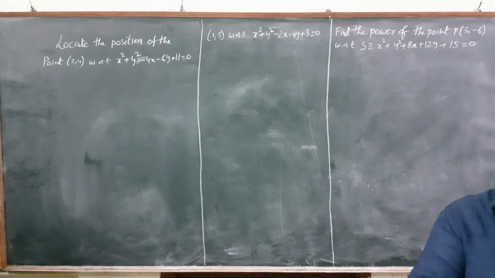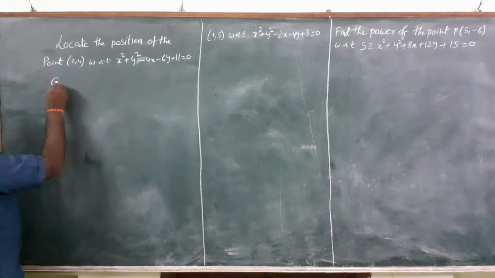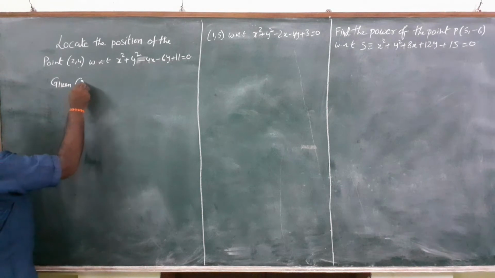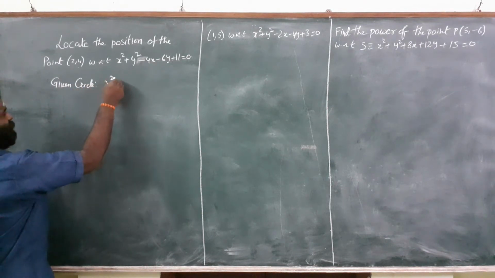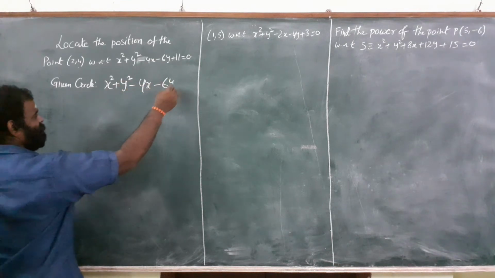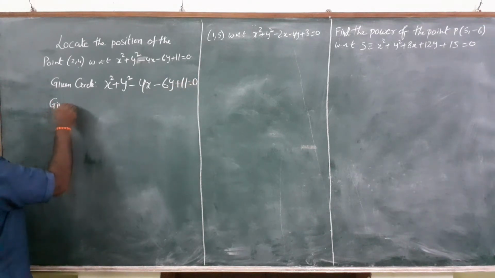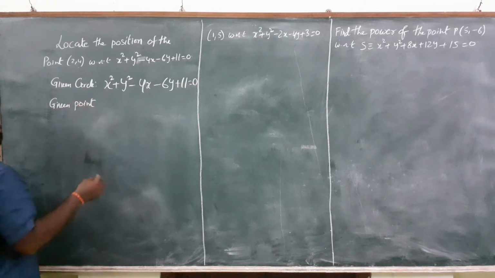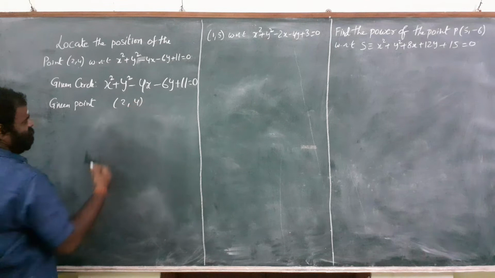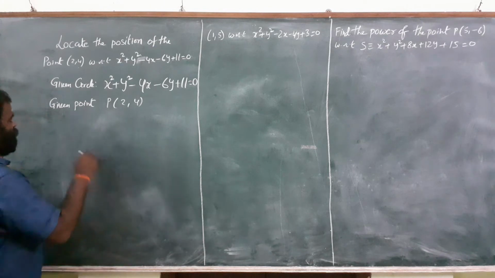For that, first we have to find S11. Here the given circle is x square plus y square minus 4x minus 6y plus 11 equal to 0, and the given point is P(2, 4).